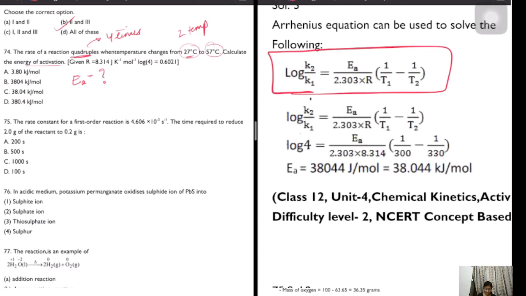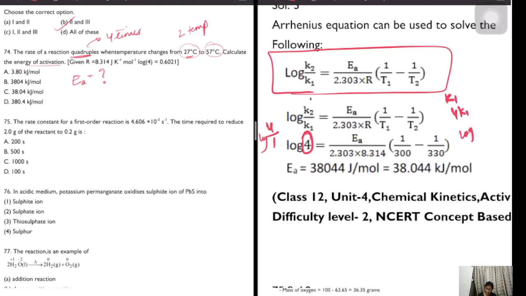It quadruples, that means log 4 by 1, because K2 would be 4 times K1. Initially it was K1, now it is 4K1.